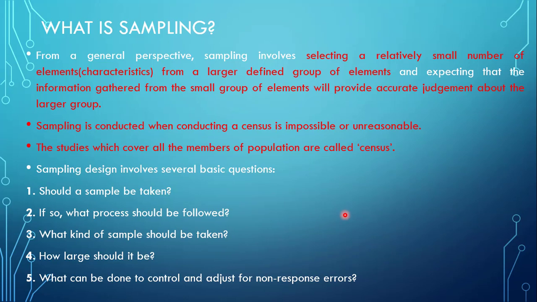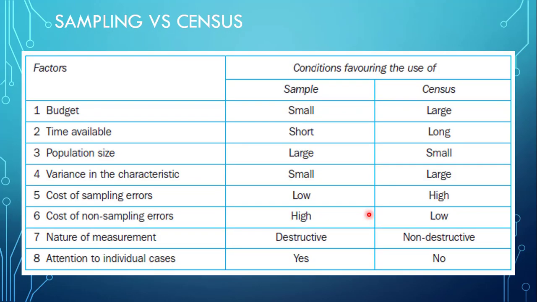A census is when you include the whole population in your study, but a sample is a representation of that bigger population. So sampling is a technique of selecting from populations, and census is when you include the whole population. So saying that, let's see what the difference between sample and census is, and how you are going to choose between samples and census.